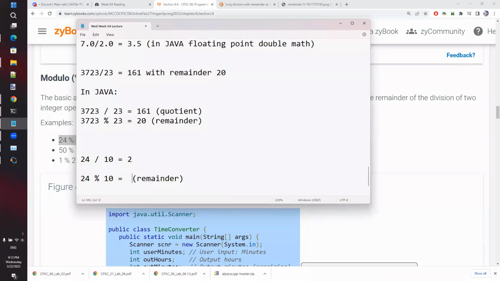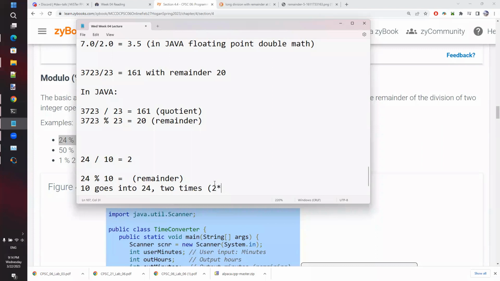So the way you would work it out is you would say 10 goes into 24. I'll write it down here. 10 goes into 24 two times, right? And if you do 2 times 10, you get 20.